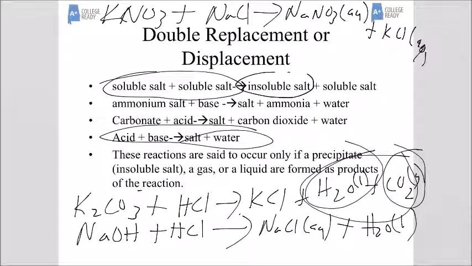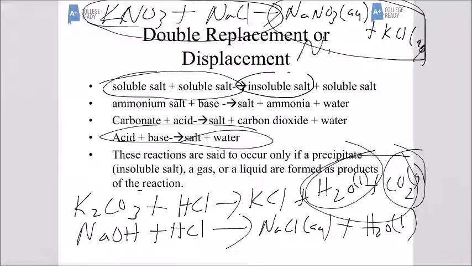So what that means is that we're starting off with a bunch of ions floating around in water over here, and once the reaction takes place, or doesn't take place really in this case, we have the same exact ions floating around in the same way. So nothing really changed. So if your double replacement reaction seems to yield two aqueous salts, we're going to say instead that this is a no reaction because nothing really changes.